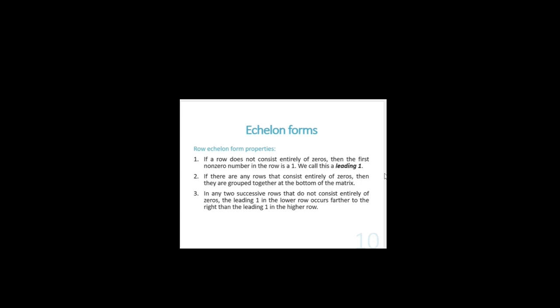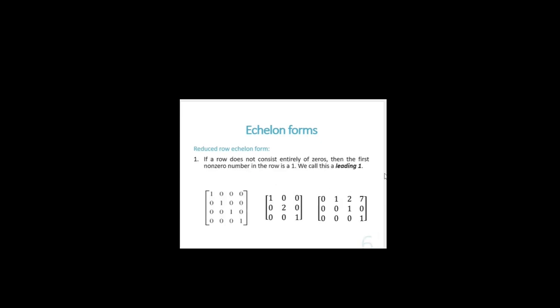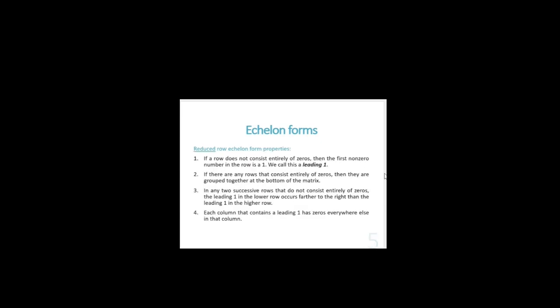So what we looked at was called what again? The ones that we just looked at with these 4 rules, those are called reduced row echelons. So it's very important to make sure that you're correct on your terminology and you know which one's which. Your reduced row echelon goes through all 4 of these properties, and you have to make sure that if you have a leading one, you have zeros for the rest of your entries in that column.